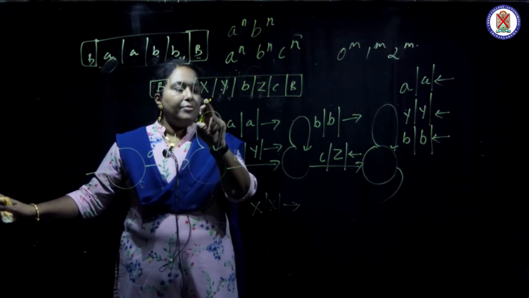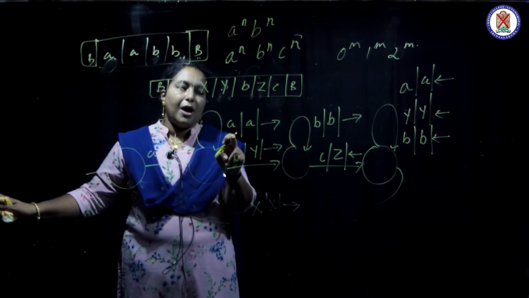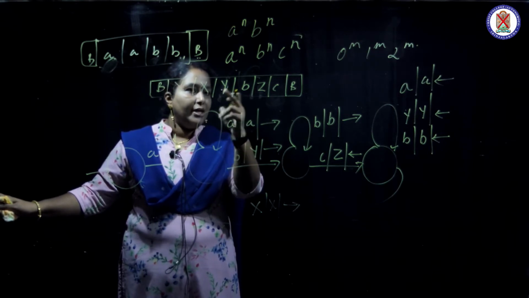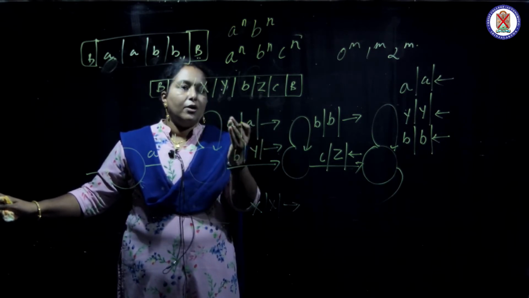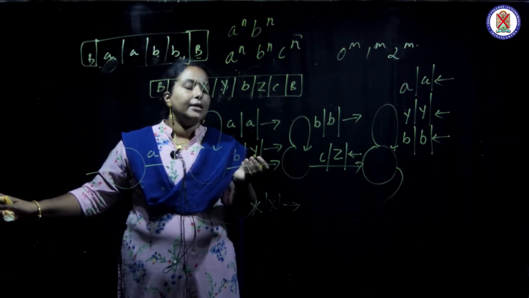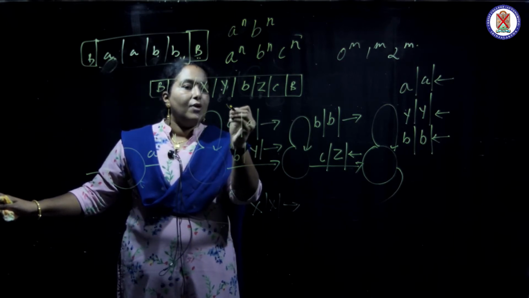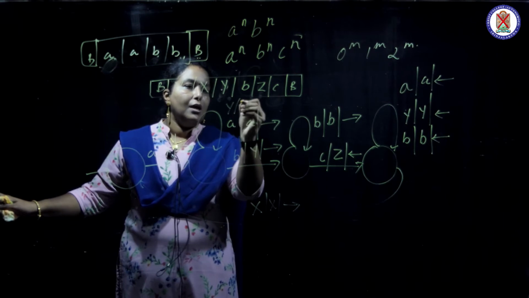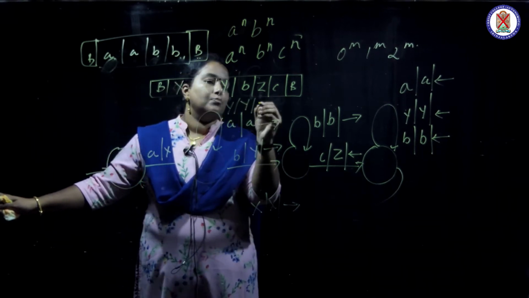When I make it as x, the next a can be bypassed, or whether y has been there, it can also be bypassed. I have only taken care of b. So if y is here, I make it as y and move forward.